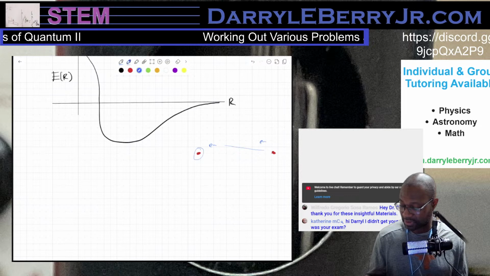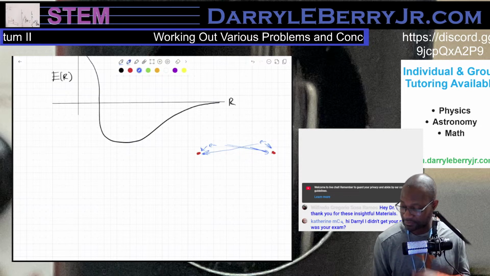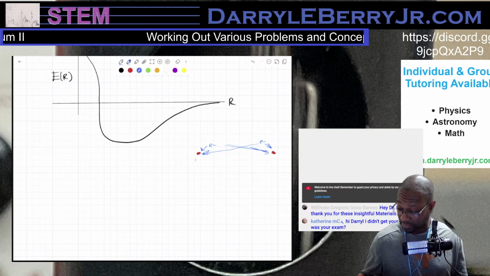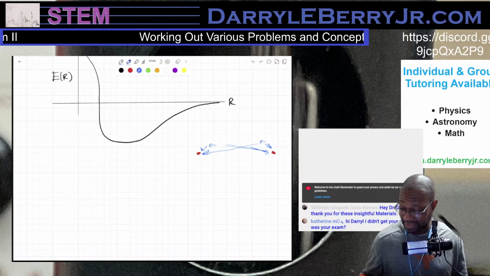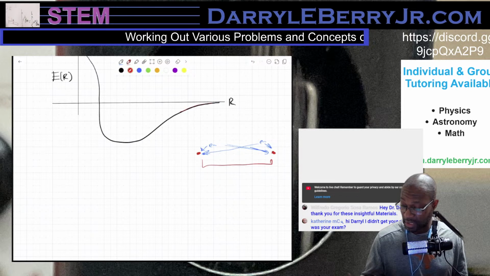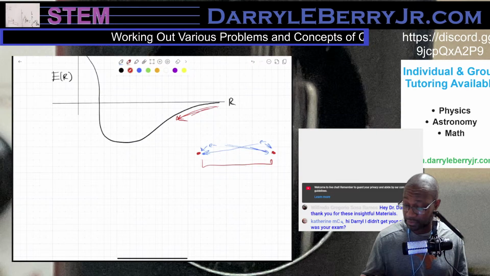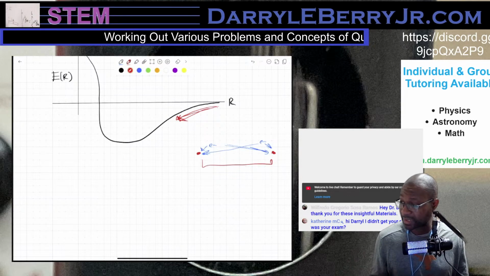The protons are not really getting involved as much, but this electron is very closely attracted to this proton, but it is still somewhat attracted to that proton. And the same thing, this electron is very attracted to that proton, but it's still somewhat attracted to that proton. And the push between the protons is not that strong because they're so far away. So the two nuclei will tend to want to get closer. The electrons will win out in that case.